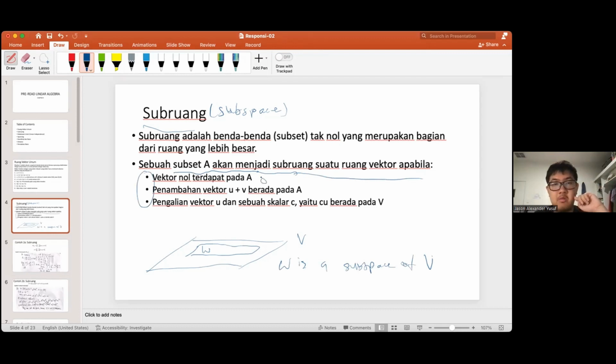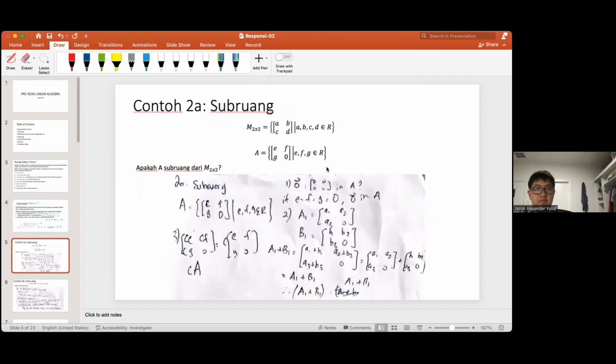That means 0 must be in A, u plus v must be in A, kv must be in A. If any one of these conditions are not met, that means A is not a subspace of a certain vector space. Okay, so this is what happens.